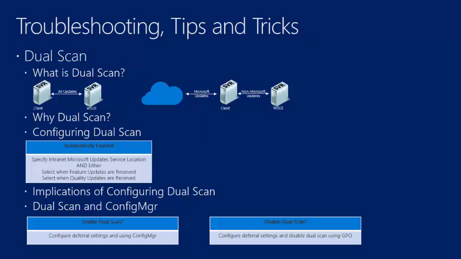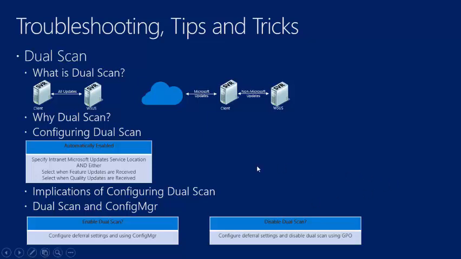So this is really important: if you are using ConfigMgr to implement your Windows Update for Business policies, you will be enabling dual scan. If you want to deploy your Windows Update for Business policies without enabling dual scan, then you need to do it by GPO today. That may change in the future, I don't know, but as of 1706 of ConfigMgr, that's true, right?